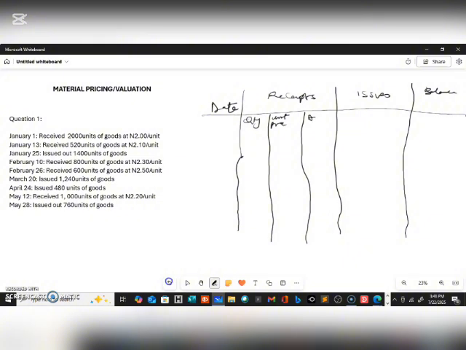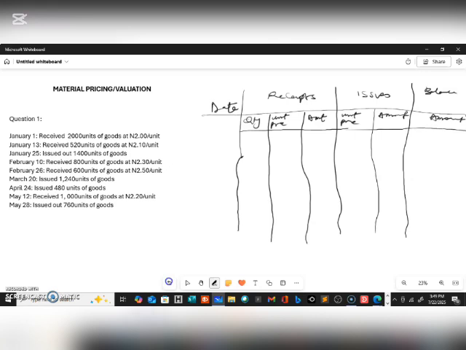Please, when you are drawing yours, kindly ensure that you draw it accurately. We're going to have the unit price as well as the amount. Then we also have the balance and the amount. So let us go on with that.